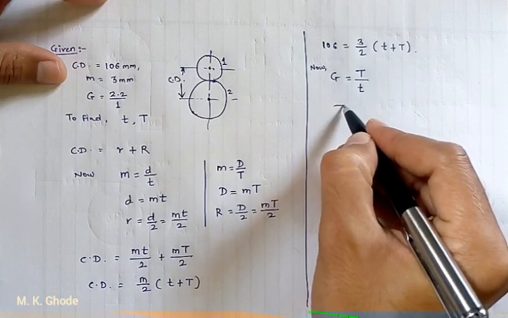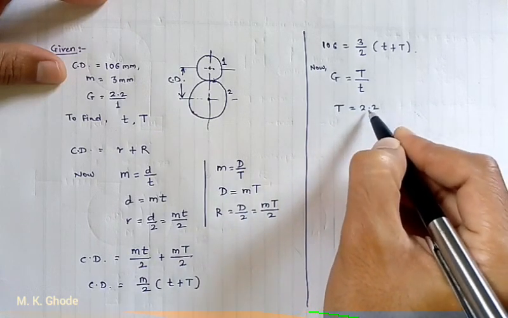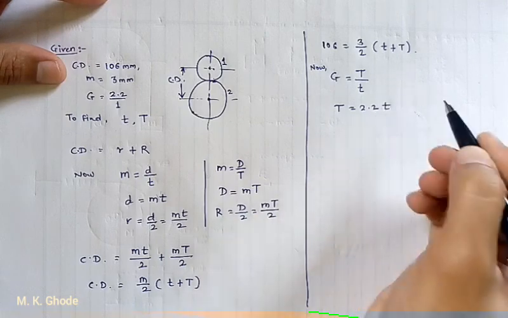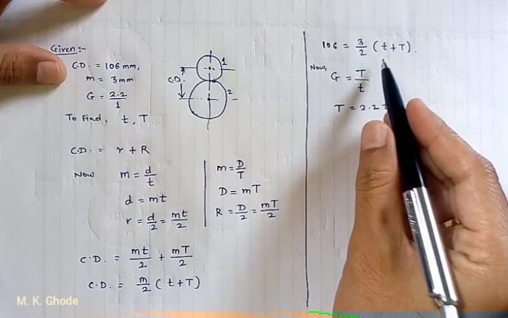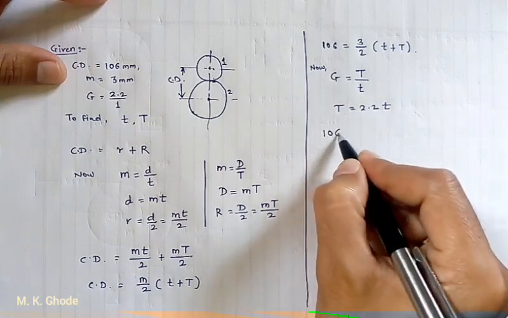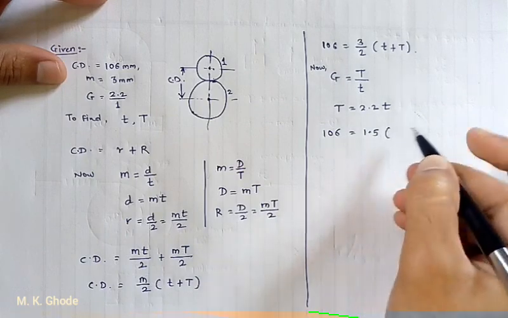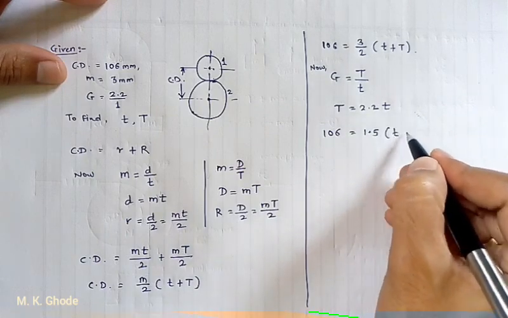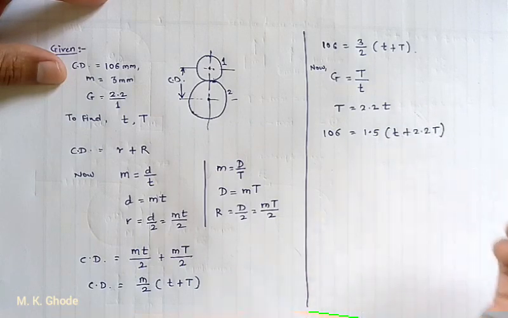So we know that capital T is equal to 2.2 times small t. Put the value of capital T in the above equation. So 106 is equal to 1.5 times small t plus 2.2 small t.